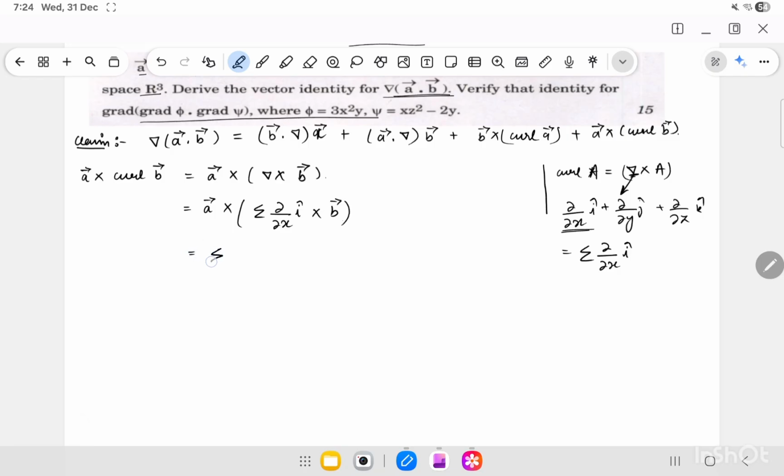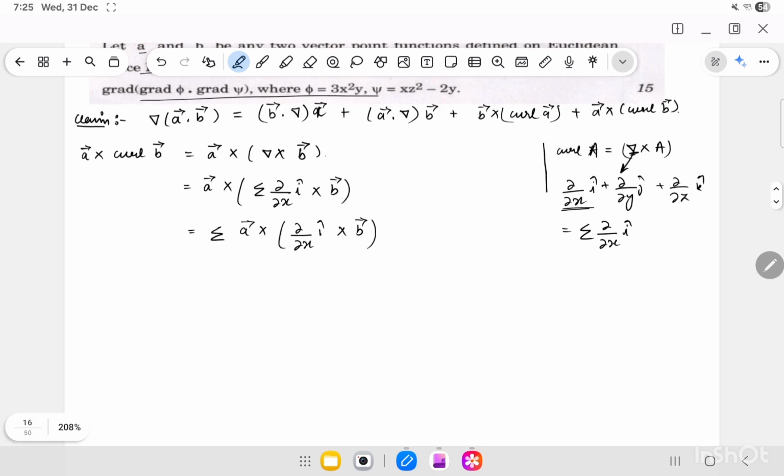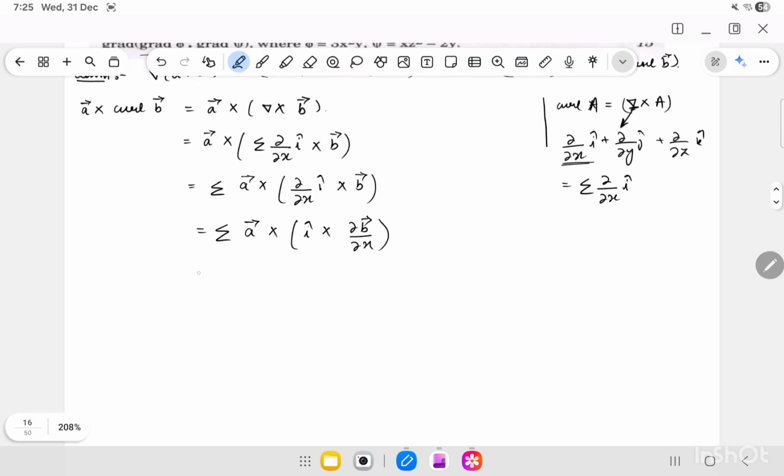So it will be equal to summation a vector cross del by del x i cap cross b vector, which can be further written as summation a vector cross i vector cross del b vector by del x, which can be further written using a relation we know: a vector cross b vector cross c vector is the same as a dot c times b minus a dot b times c.